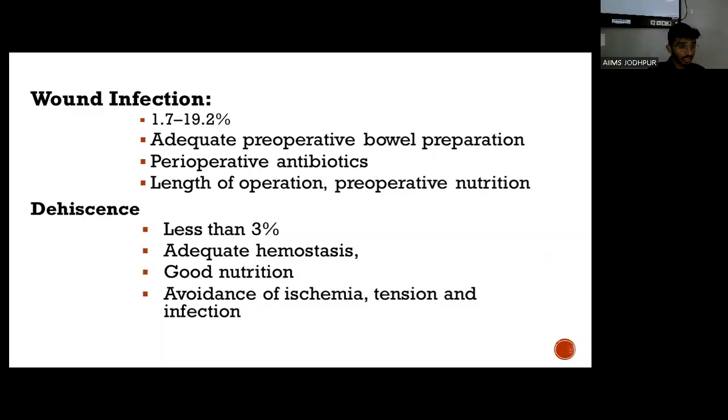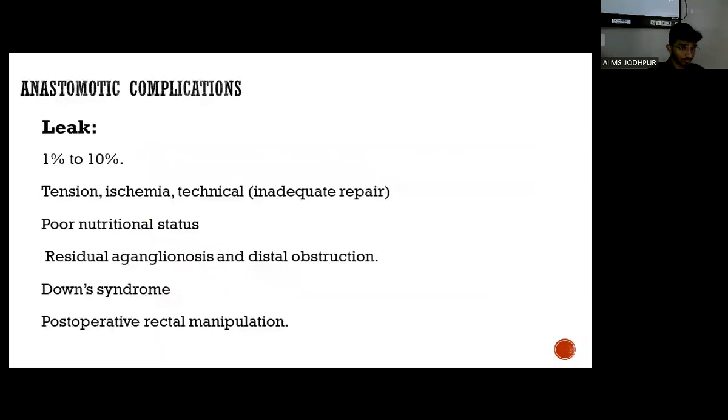Dehiscence following surgery in Hirschsprung disease usually occurs at an incidence of less than 3%, and it is associated with adequate hemostasis following the procedure, good nutrition, and avoidance of ischemia, tension, and infection.